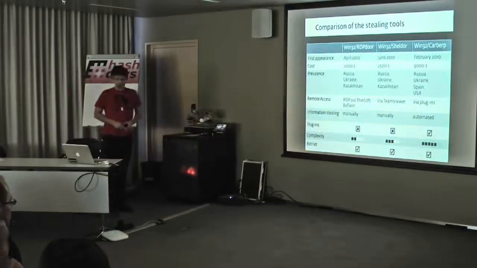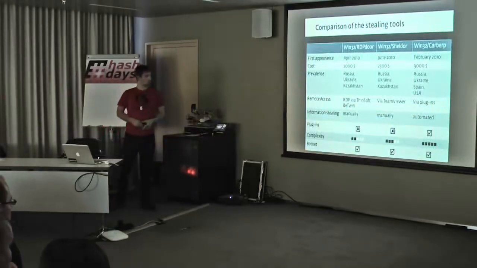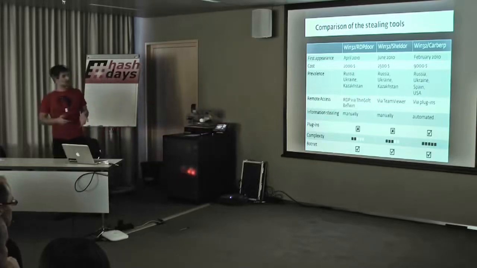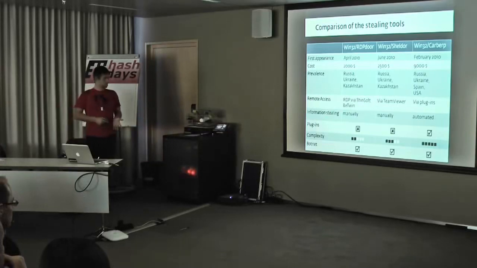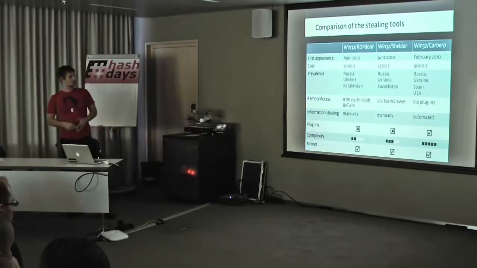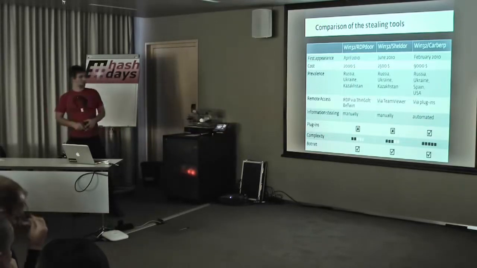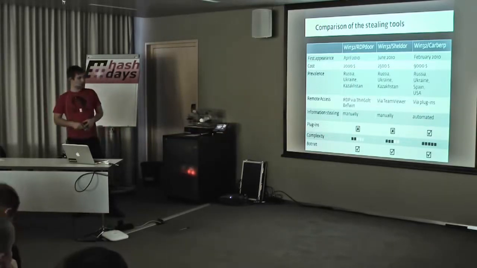Okay, so let's compare the different stealing tools. As I said, these are basically weapons in the hands of criminals for stealing the victim's money. And as I said before, Carberp is the most technically advanced out of all of these, and the scope of the countries it's targeting is much wider.